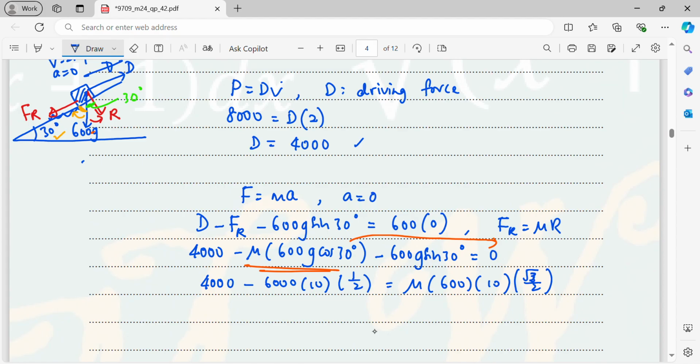Then for the left hand side, 600 times 5, because it's 600g, mistake, so that is 3000. So 4000 minus 3000 equals, for the right hand side, 3000 square root 3 mu.